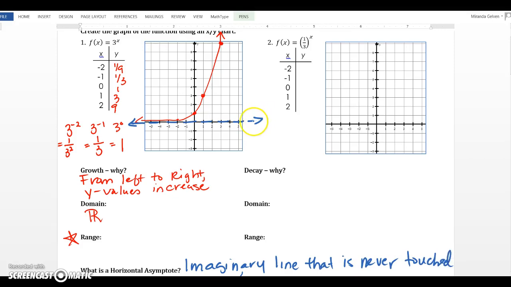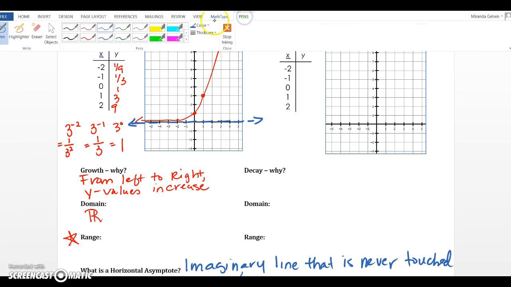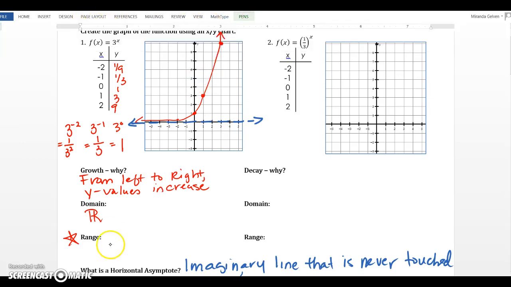So if we get really, really close to this blue line and we don't touch it, that means that our range would be y is greater than or equal to 0. And I think I just said greater than or equal to, no equal to, just greater than 0. Okay. So the range will always be based off of where that horizontal asymptote is, and we'll talk more about that as we go, of how to find out where that horizontal line exists.